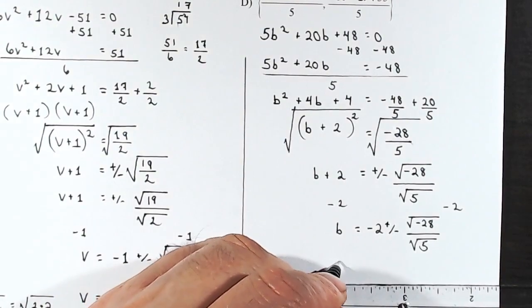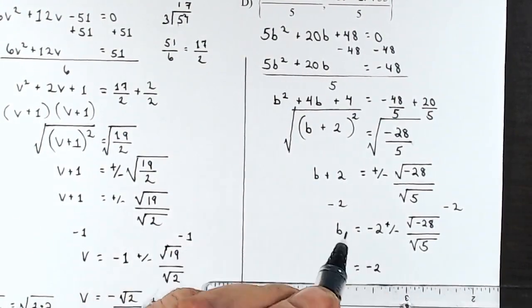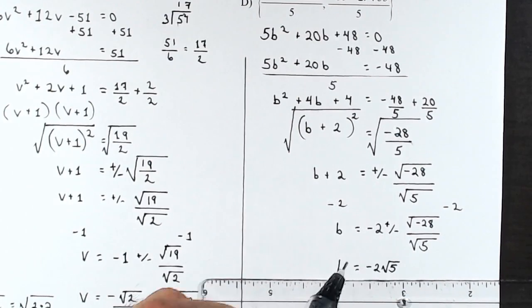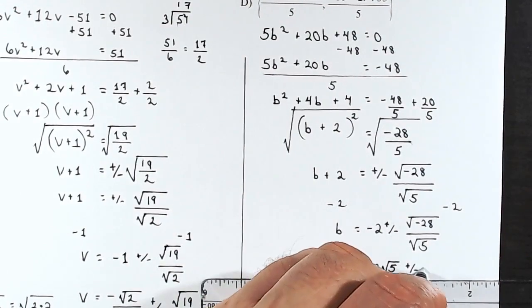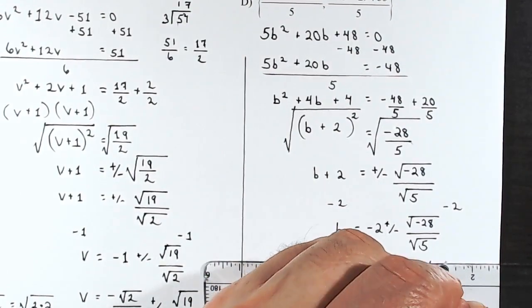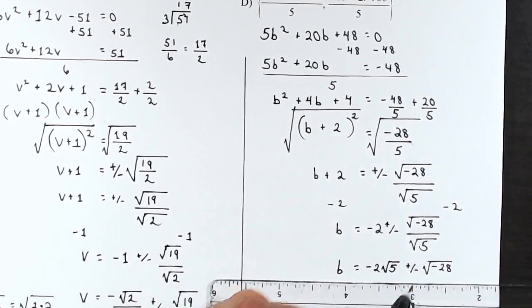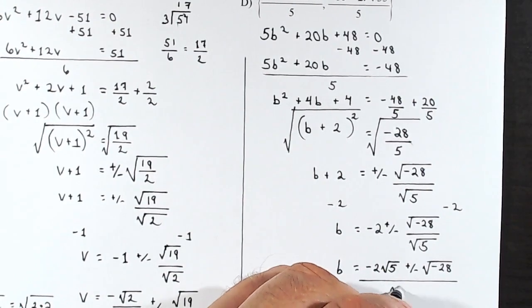So now b equals negative 2 times square root 5, plus or minus the square root of negative 28, all over the square root of 5.